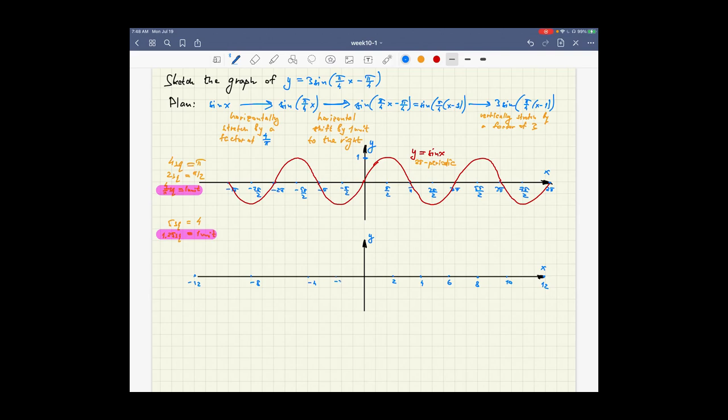So this is negative 2, this is negative 6, and this is negative 10. And the graph will look the following way.